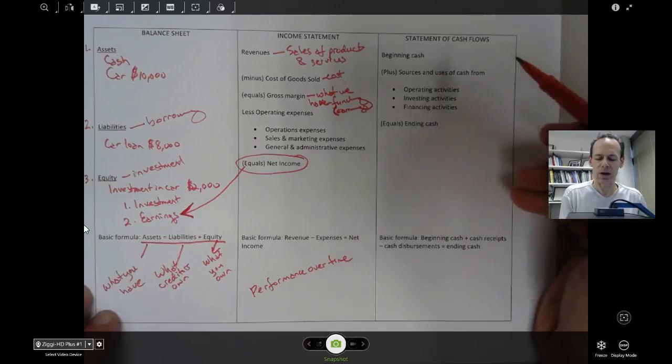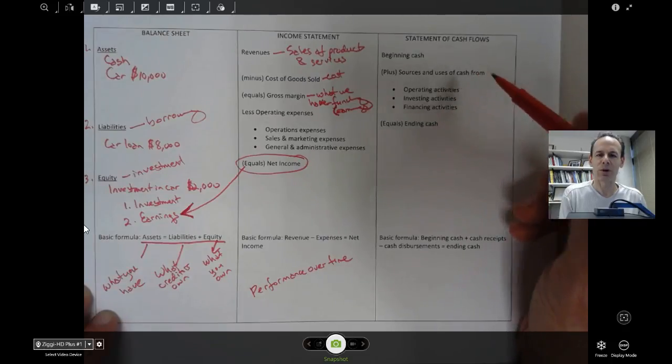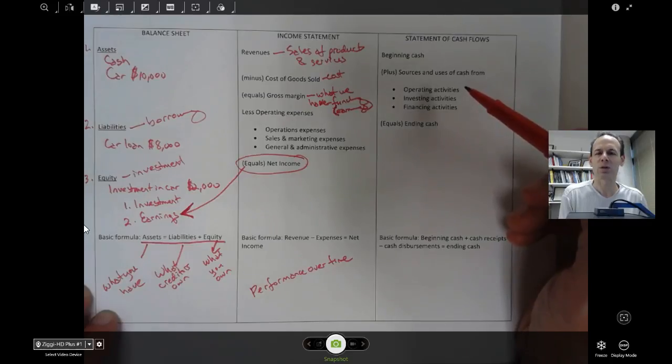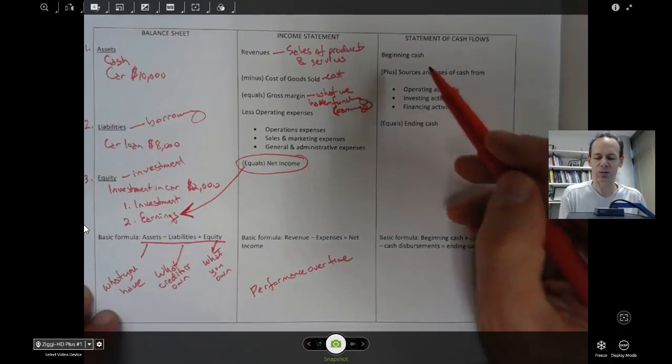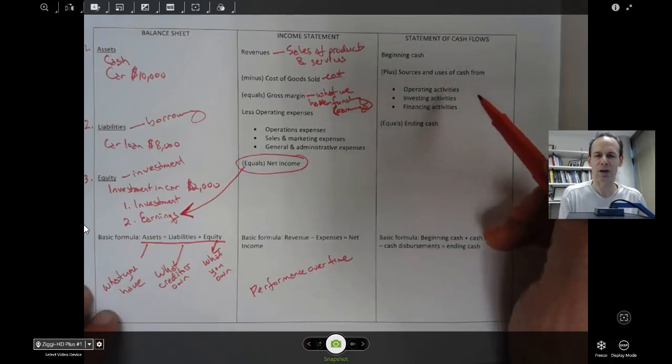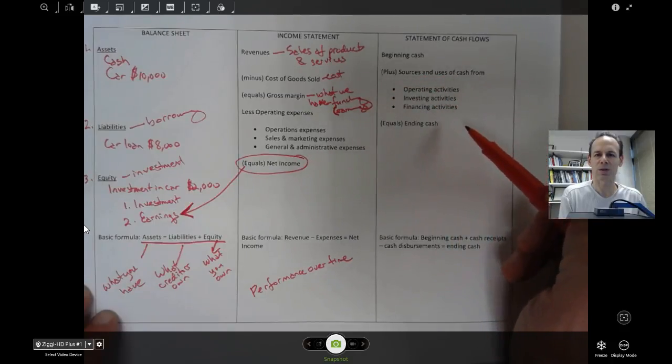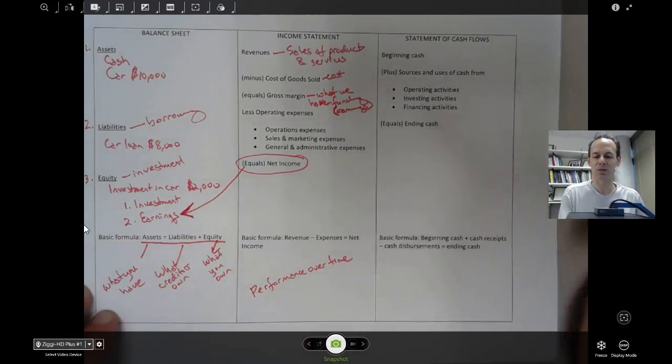And within that period of performance, we want to understand how the business utilized its cash. In essence, its cash receipts and cash disbursements, or sources and uses of cash, and we usually categorize those into three activities on the statement of cash flows.